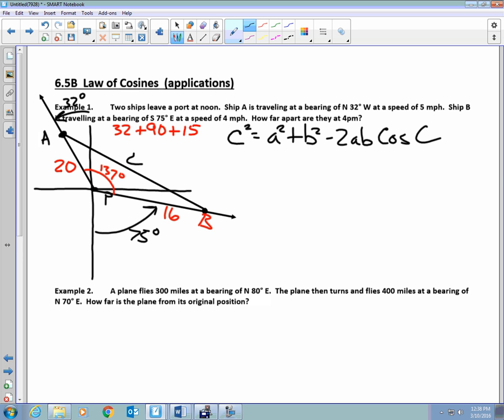You could pick D and put D there. I just chose to say this is the side opposite these two spots. I'll call A the distance that A has traveled. How far has A traveled? 20. As far as B traveled, 16. Then minus 2 times 20 times 16 times the cosine of 137.